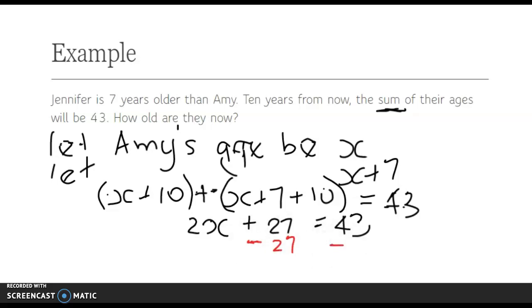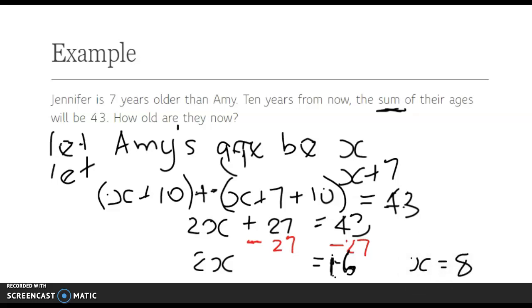Remember, whatever I do to the left, I must do to the right to keep the balance of the equation. That gives me 2X on the left. 27 minus 27 is 0. And we got 43 minus 27 here. That gives us 16, doesn't it? And from here, you can probably guess. We're going to divide both sides by 2. And that gives us X as 8.